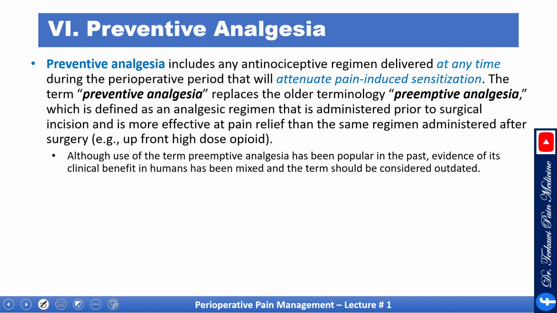Preventive analgesia includes any antinociceptive regimen delivered at any time during the perioperative period that will attenuate pain-induced sensitization. The term preventive analgesia replaced the old term preemptive analgesia, which is defined as an analgesic regimen that is administered prior to surgical incision and is more effective at pain relief than the same regimen administered after surgery.